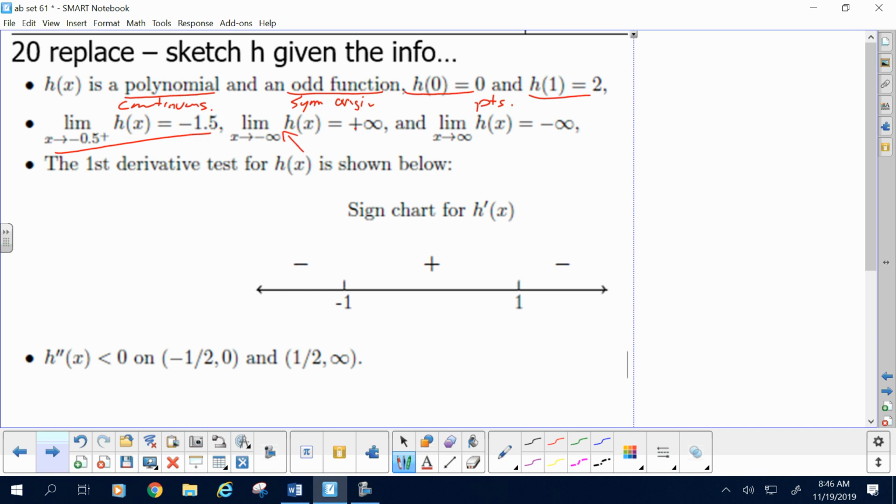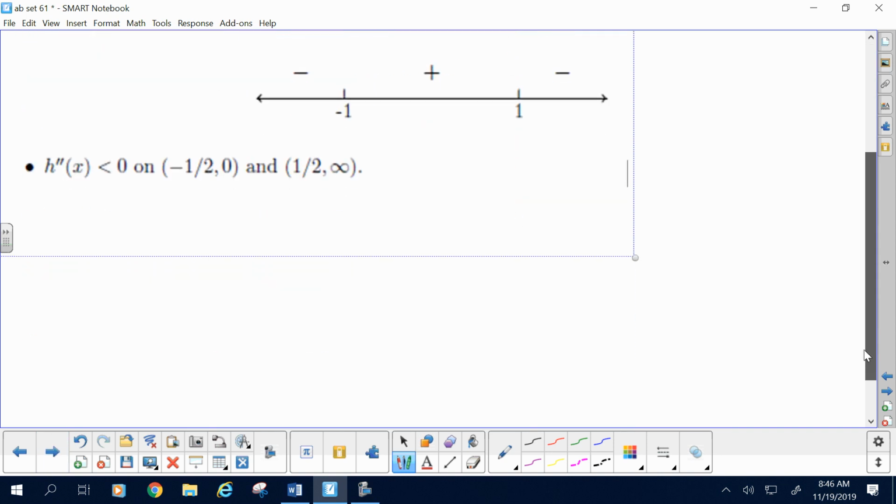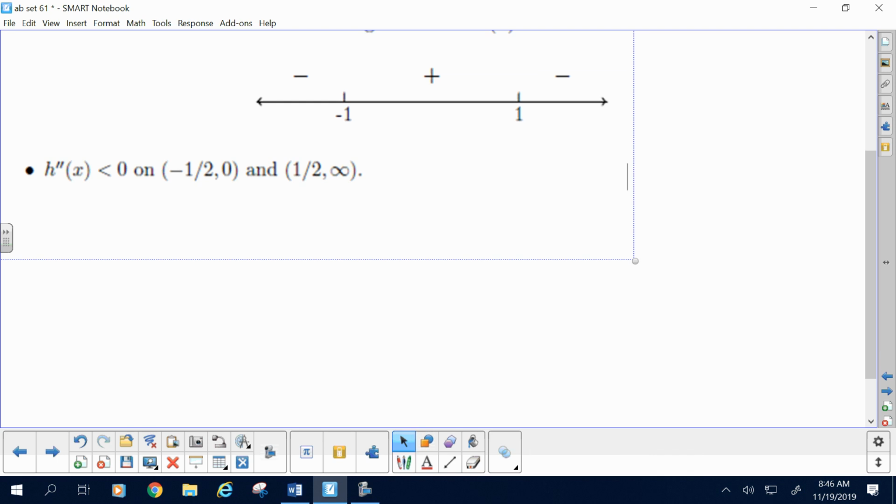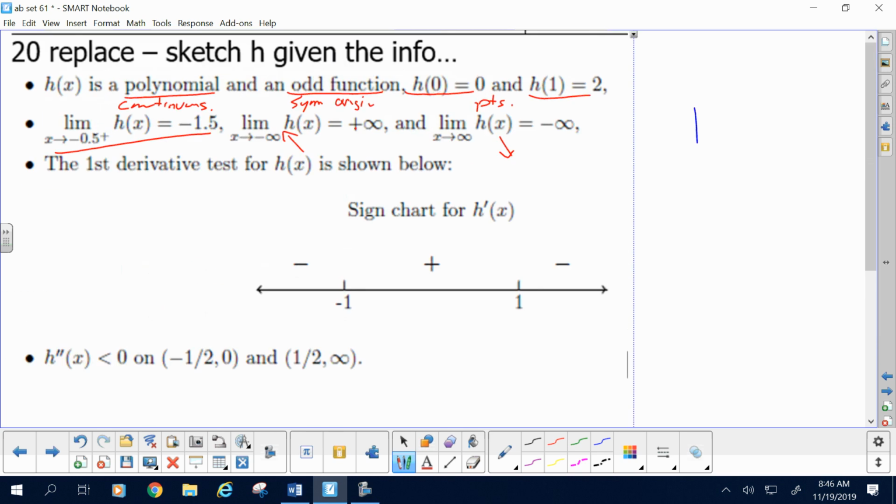Okay, and what about on the right-hand side? They go down, all right. First derivative test around -1 to 1, and they give you then some concavity action. All right then. Let's start talking about our graph here. That's the idea, is we're curve sketching.